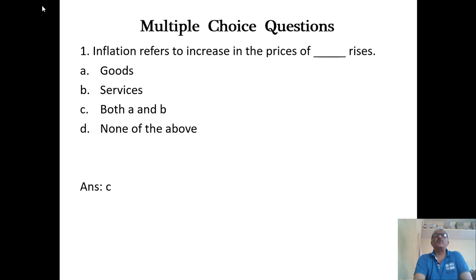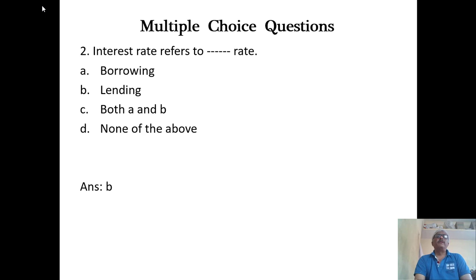Inflation refers to an increase in prices of dash, prices, goods and services. So that is goods and services. Answer is C. Interest rate refers to dash rate, that is lending rate.